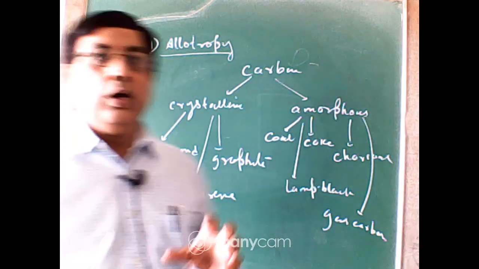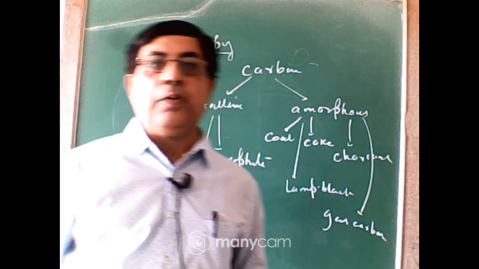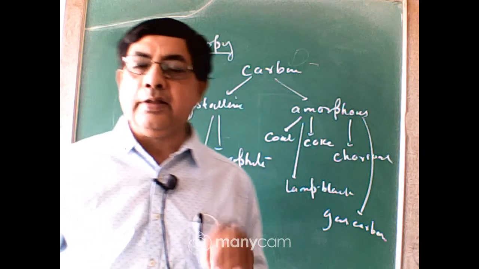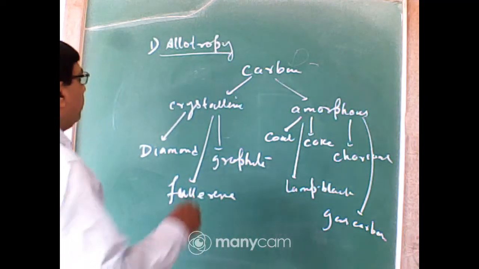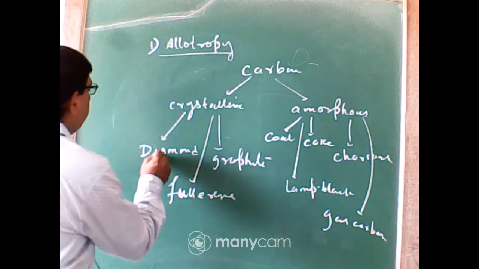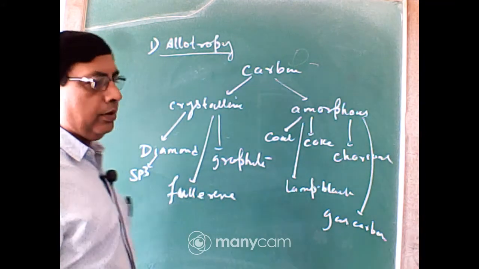Diamond is one of the important allotropes of the crystalline form of carbon. It is the naturally hardest substance. You must remember that in diamond each carbon atom is sp3 hybridized.